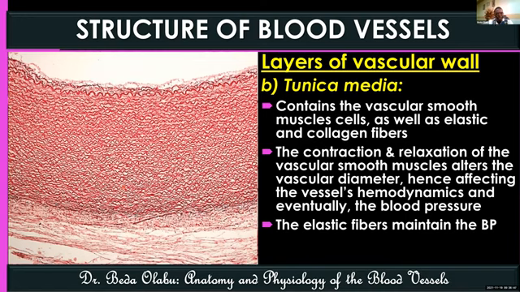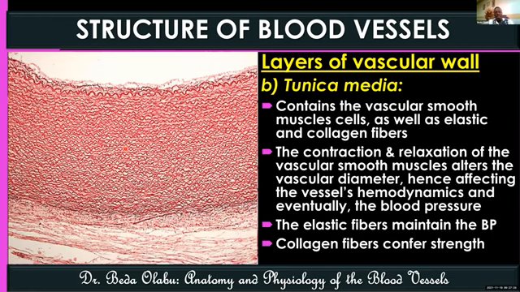It tells you that this blood vessel is primarily for maintaining blood pressure, to avoid so much oscillation despite the pumping of the heart. The collagen fibers that are usually within the tunica media are responsible for providing strength to the vascular wall so that the vessel does not balloon out unnecessarily. It prevents aneurysmal dilatations.